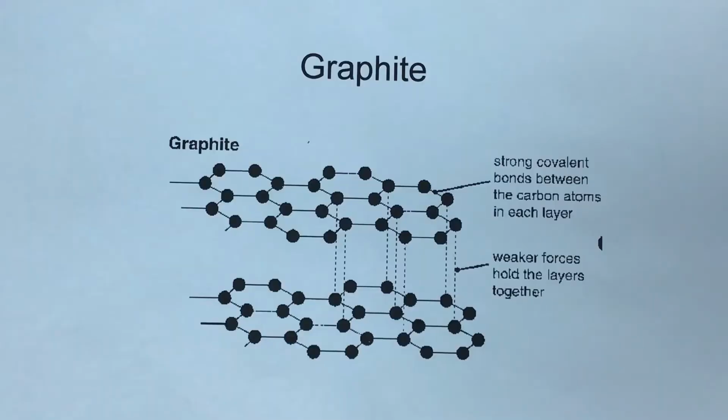Graphite can be used as a lubricant because the layers slide off each other so easily, and it's also used in brake linings, and it's used to make moulds in foundries.